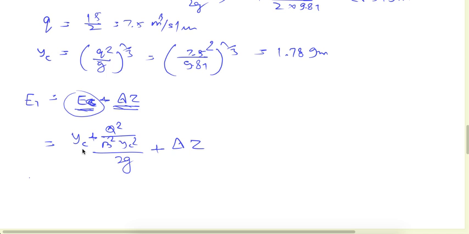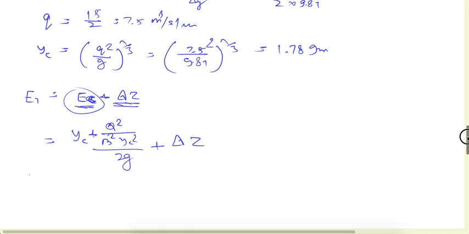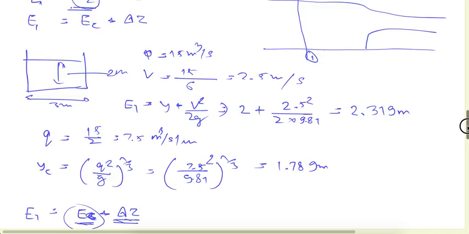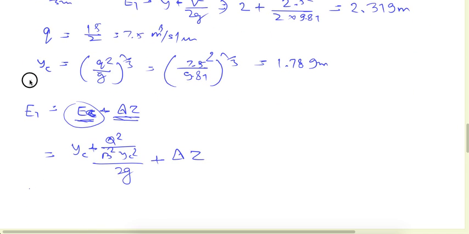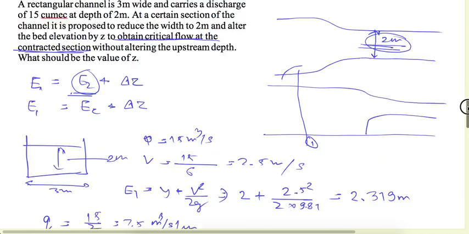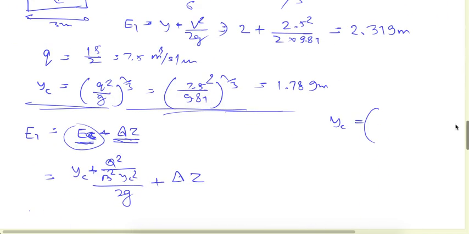The thing to notice here is we will calculate this critical depth corresponding to section 2, because the critical depth corresponding to section 2 will be something different, because the discharge per unit width is changing.